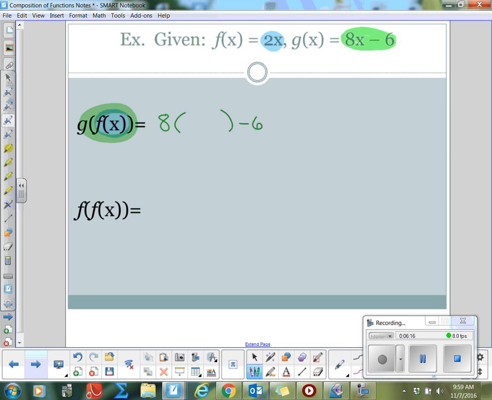For the input, we use the other function, f of x. That's the substituting or embedding process. That's called my composite function.